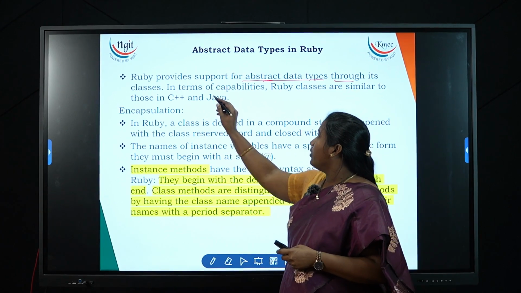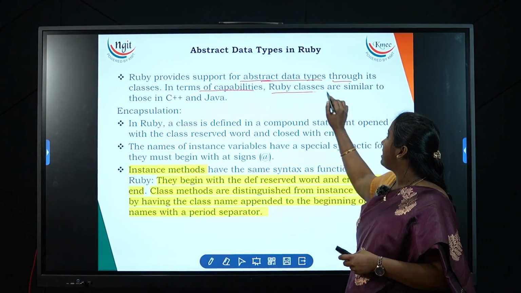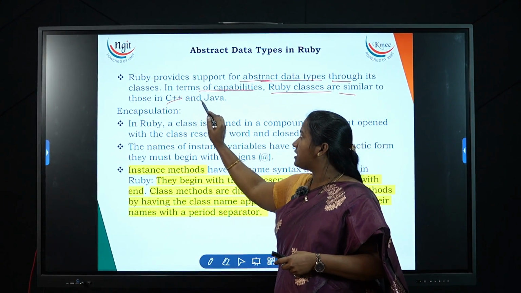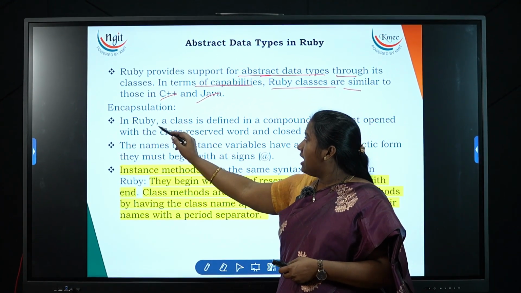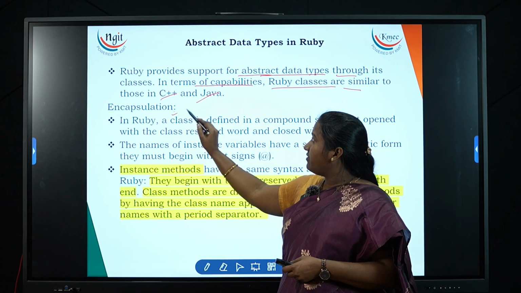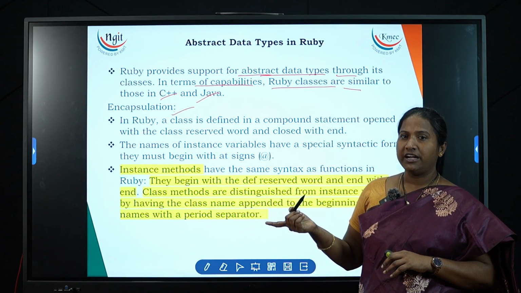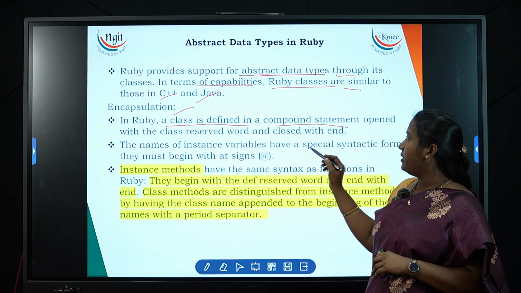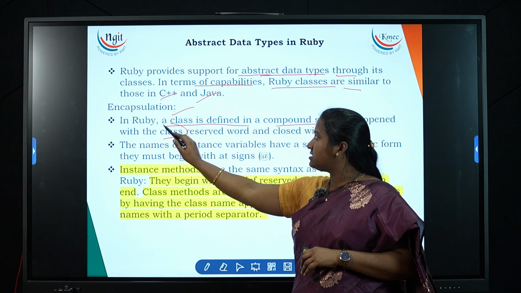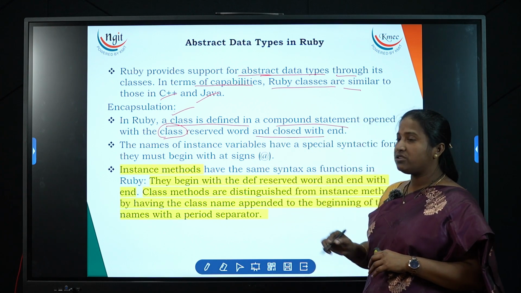Now, we'll continue. In terms of capabilities, Ruby classes are similar to those in C++ and Java, as we discussed just now. So it provides ADTs with encapsulation and information hiding. In Ruby, a class is defined in a compound statement, opened with the class reserved word and closed with the end keyword.